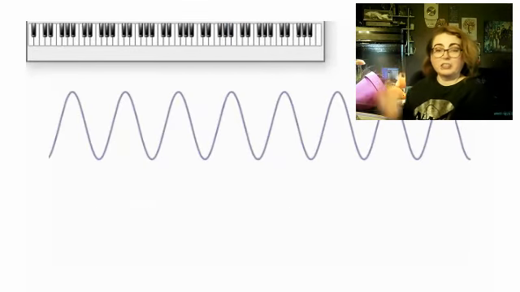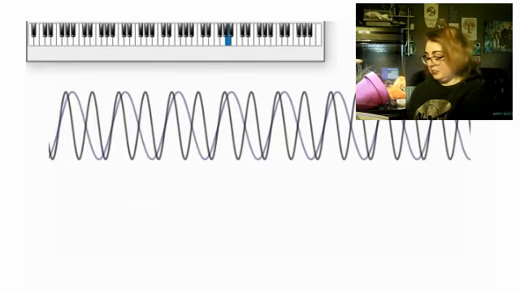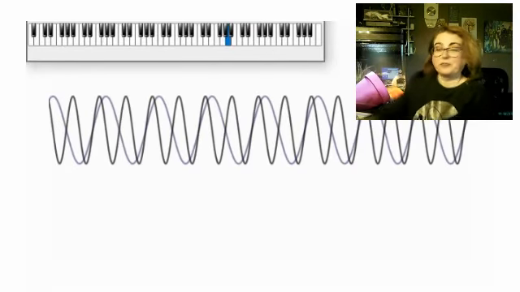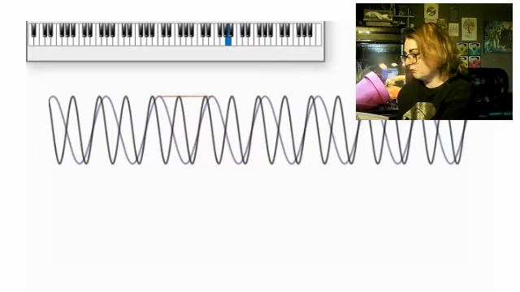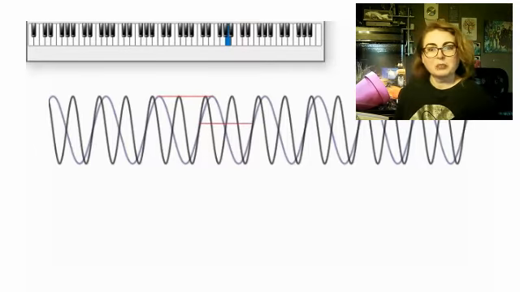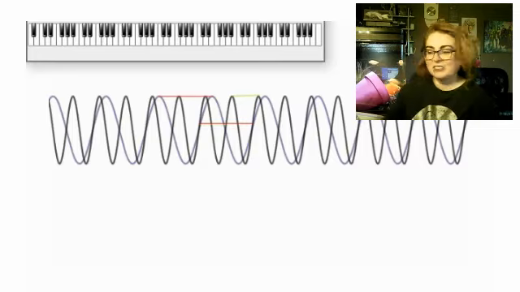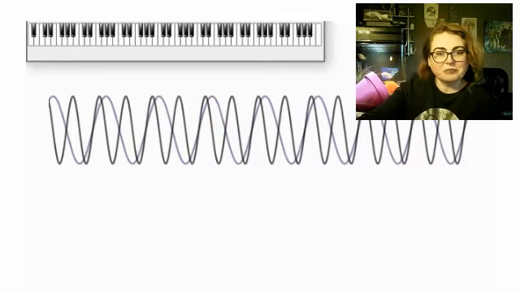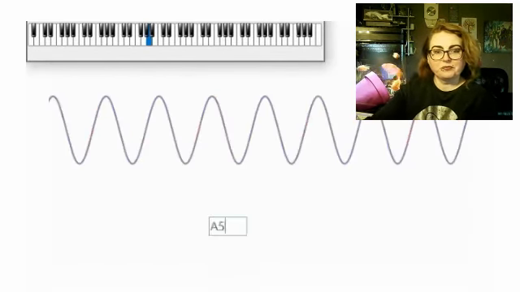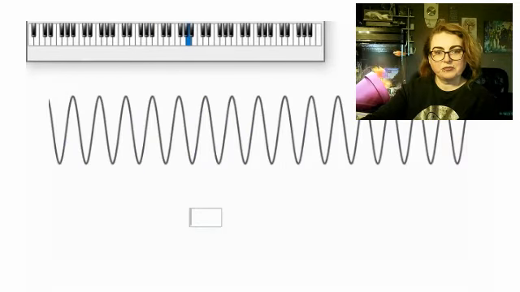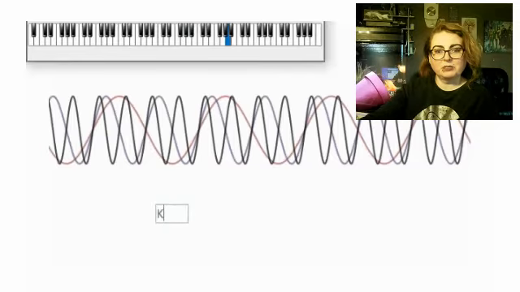The wavelength gets half the size. Oh, I pressed the button on the piano. So that's an increase in frequency.